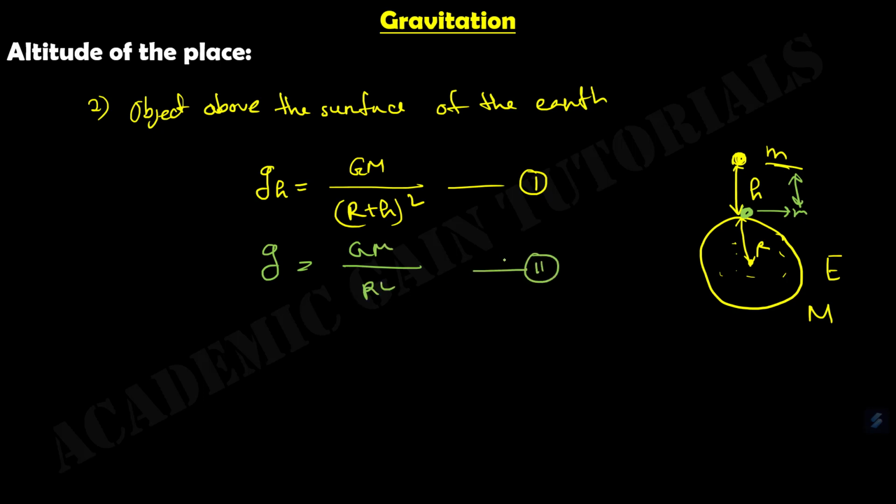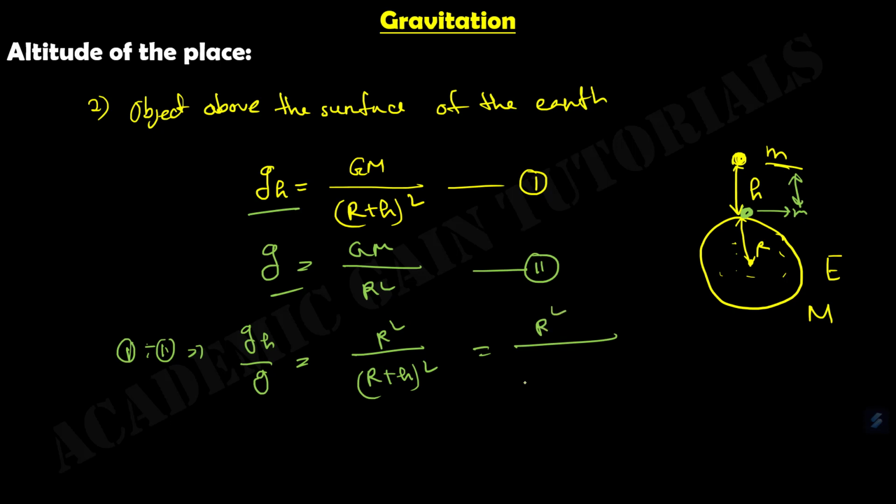There we can see the gravitational acceleration is different in both cases. If we find any relationship between them, suppose we divide 1 by 2, we'll get g h by g, which equals R square by (R plus h) whole square.